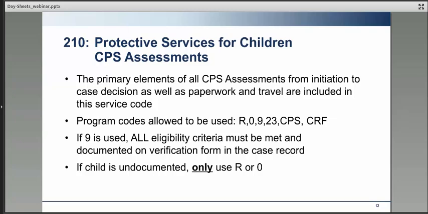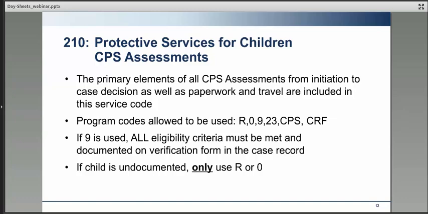If 9 is used, all the eligibility criteria has to be met and documented on a verification form in the case record. If you have a child who is undocumented that you are serving in 210, you can only use R or 0.